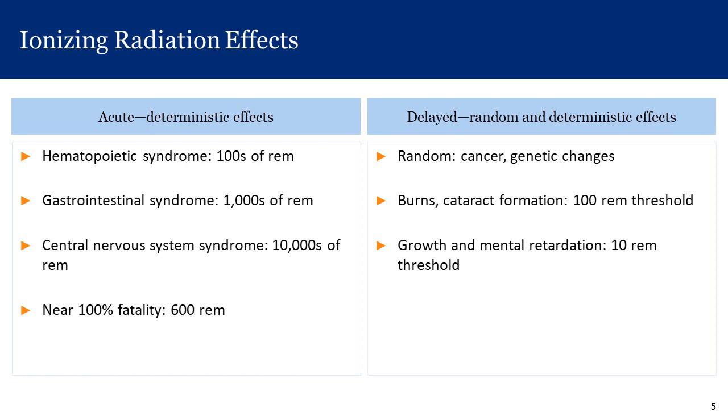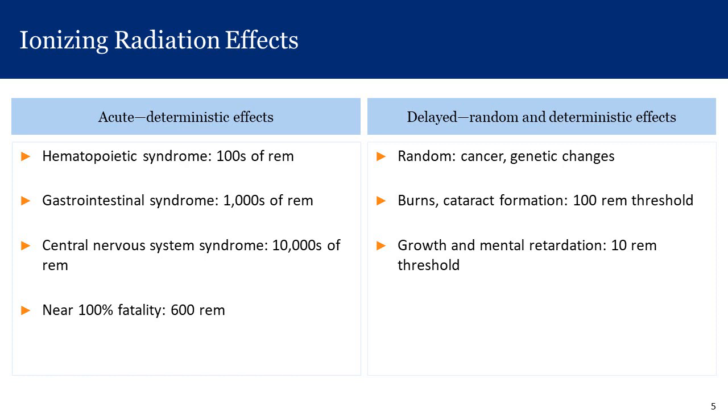So acute health effects of ionizing radiation are known as deterministic health effects. And by that we mean, if you quote me a given dose that one has received, I will be able to tell you that certain organ systems will or will not have been affected. So as you can see, hematopoietic, meaning bone marrow, involves exposure at the hundreds of rem level. And we won't go into dosing terminology just in the interest of time.